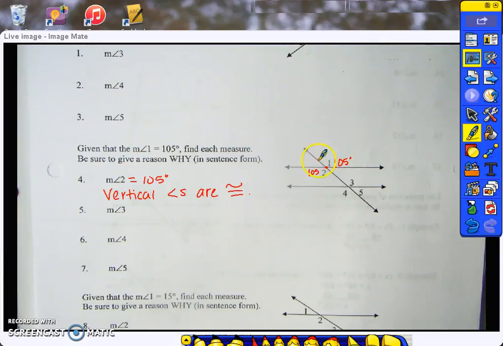The measure of angle 3. Put this intersection on top of this intersection. 1 is in the same spot. So it's 105, because corresponding angles are congruent. Angle 1 and angle 4 are on opposite sides of the transversal.